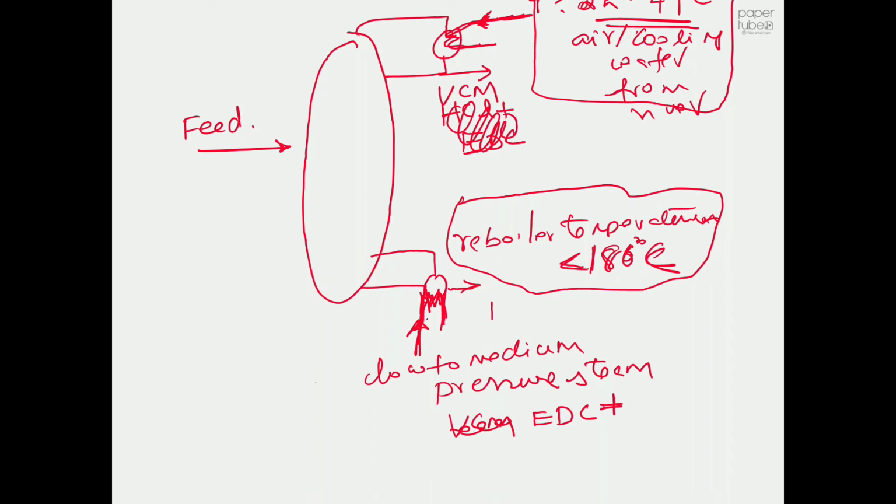Another thing which is important is that you should know the temperature that will allow you to boil the vinyl chloride monomer, and you should also know the temperature at which you can condense the vinyl chloride monomer back to liquid state.